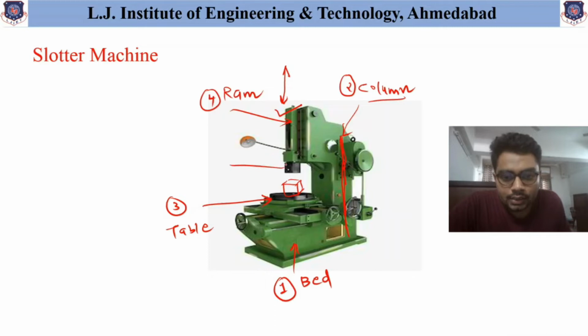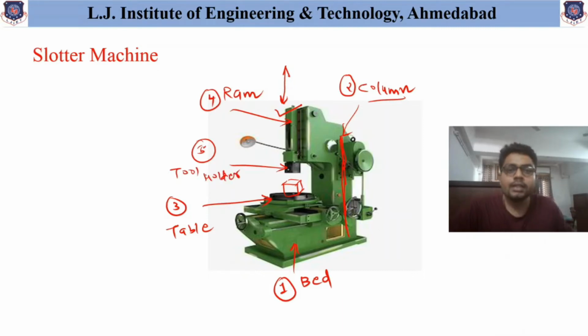The fifth one is called the tool holder, and as we know, this tool holder is used to hold and support the tool, and the tool is available in this tool holder. The tool, if provided over here, is what we need to indicate in the schematic diagram of this slotter machine.